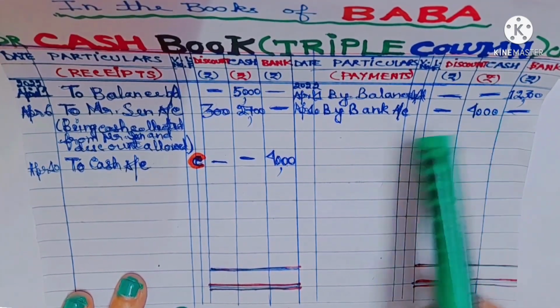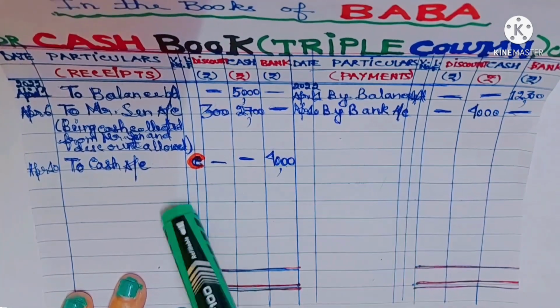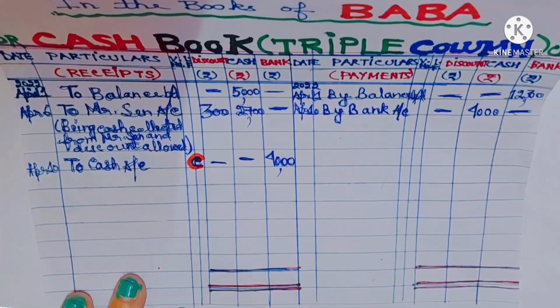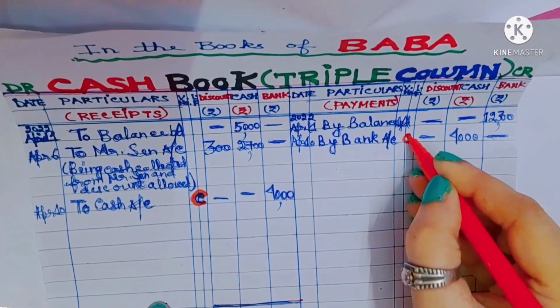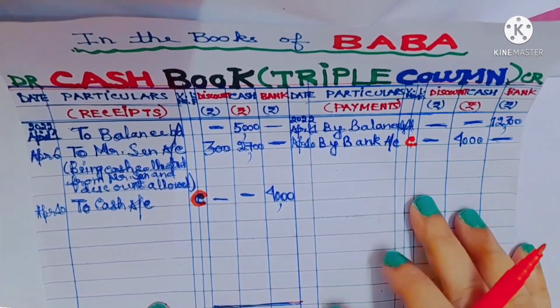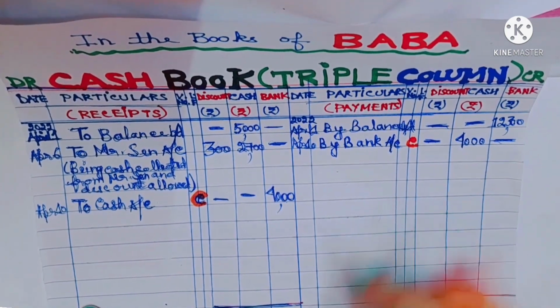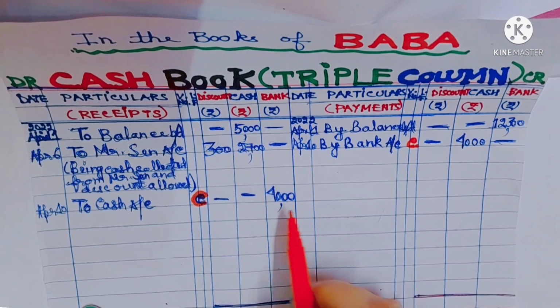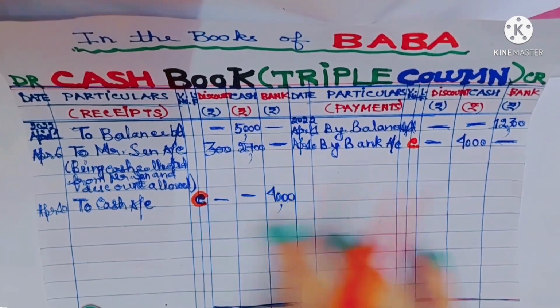Okay. So, contra means side by side entry or opposites. And we'll have to write C in the ledger folio on the credit side as well. Why? Because C stands for contra. And we have to write C on both the sides in ledger folio.